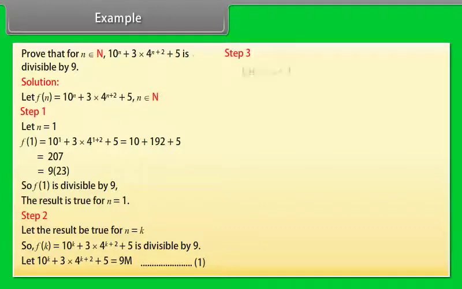Step 3. Let n is equal to k plus 1. So, f of k plus 1 is equal to 10 raised to power k plus 1 plus 3 into 4 raised to power k plus 1 plus 2 plus 5.